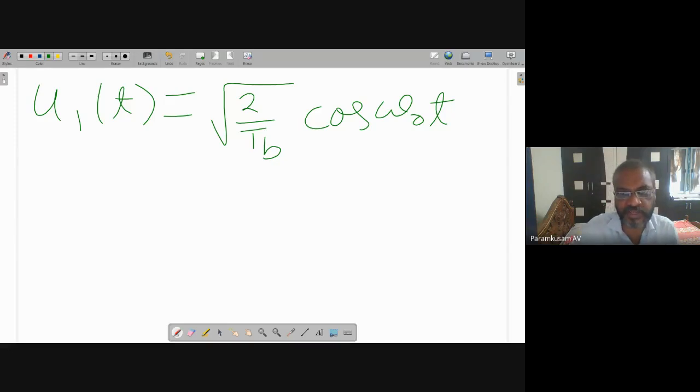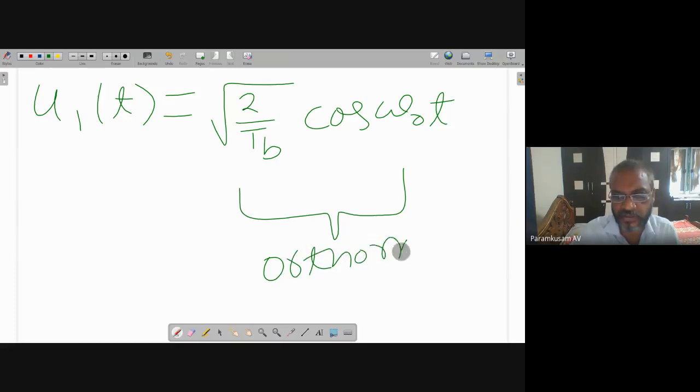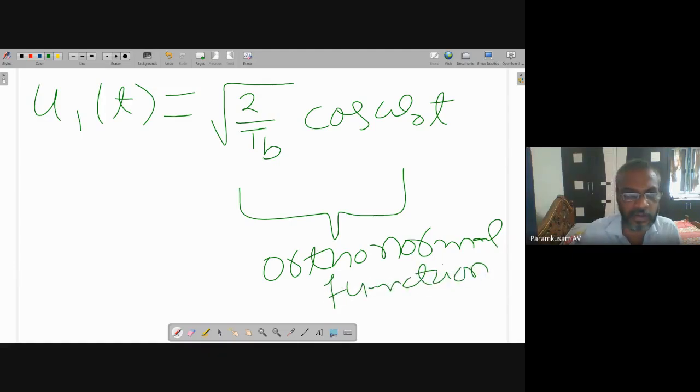This function is called an orthonormal function. Why is it called an orthonormal function?